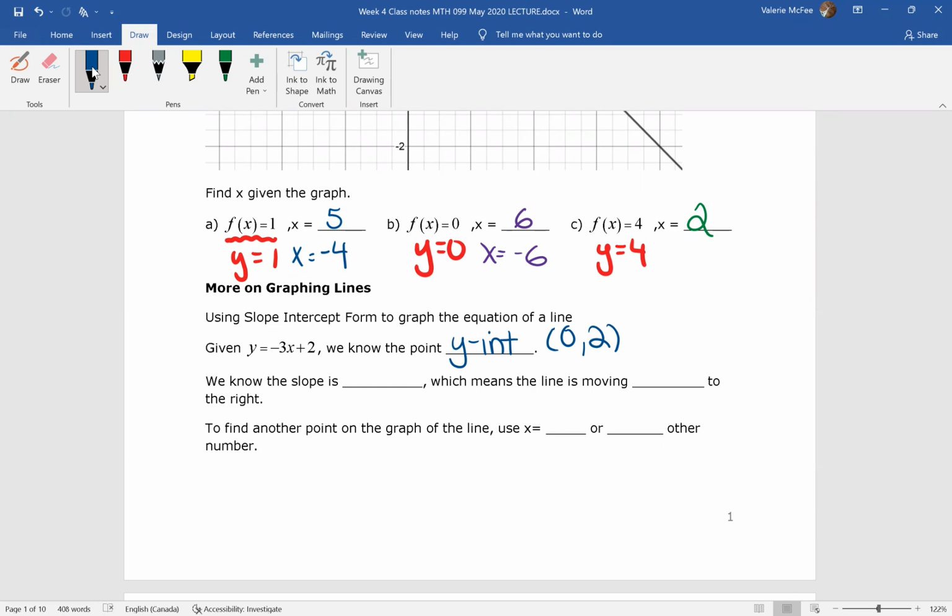We know the slope, -3. What does that tell us about the line? It tells us it's moving down and to the right. And remember, we had to find one other point besides that y-intercept. I suggested using x equals the denominator of the slope.